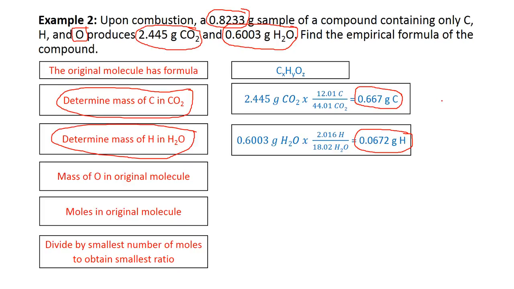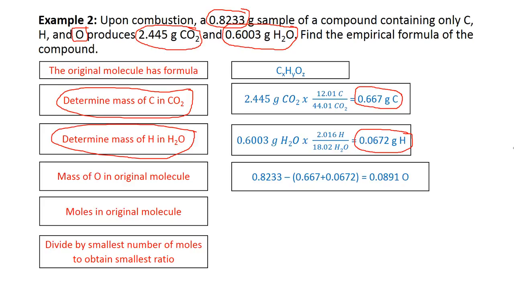From this original compound, we need to remove the mass of carbon, which is 0.667 grams, and also remove the mass of hydrogen, which is 0.0672 grams. The remaining mass will be the mass of oxygen.